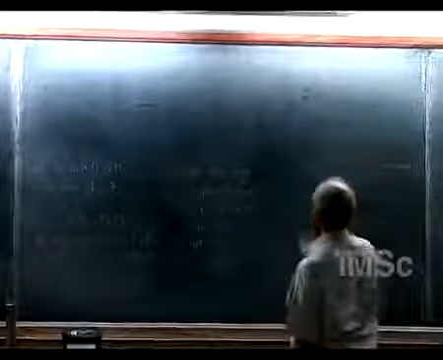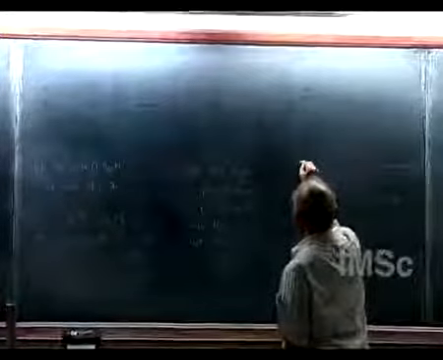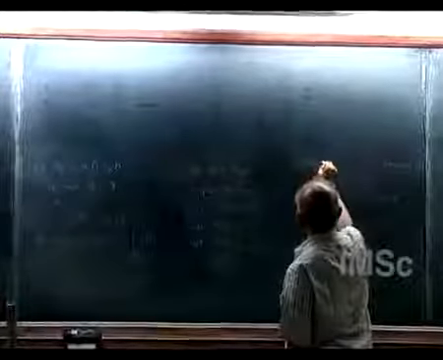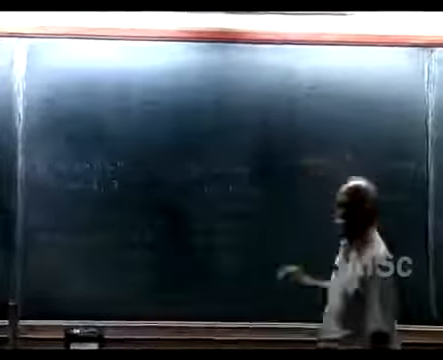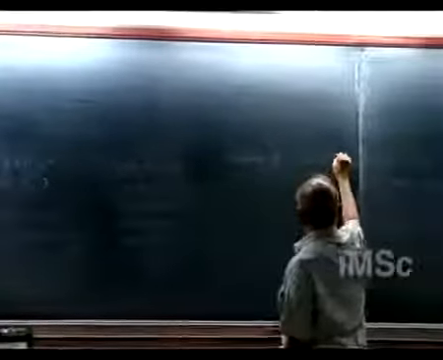Similarly for right cosets, there is no difference in the proof.